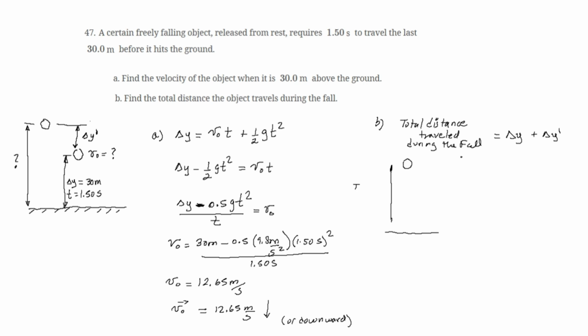And then it is released from rest. So here we have initial velocity 0. And here we have the object when it's at 30 meters above the ground.